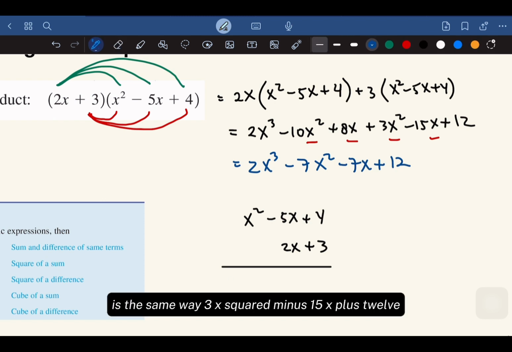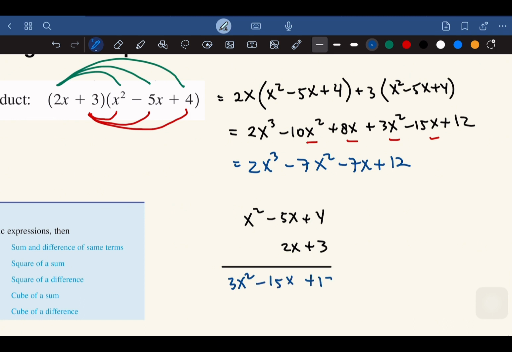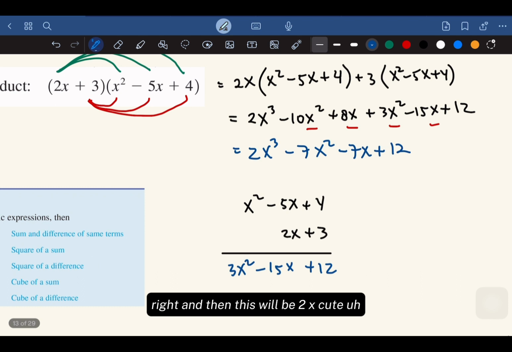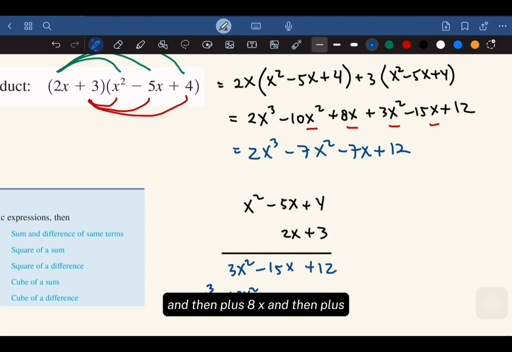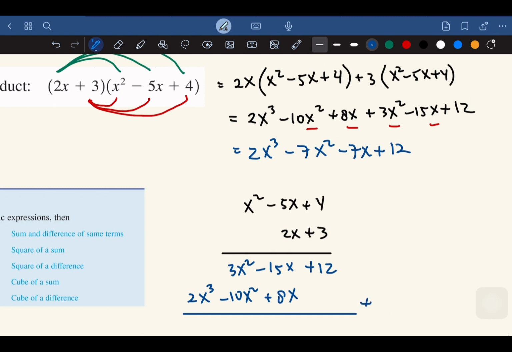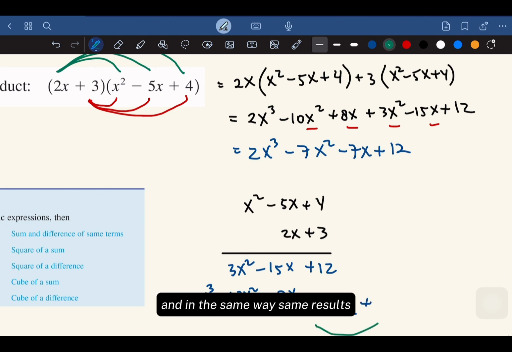It's the same way: 3x squared minus 15x plus 12, right? And then this will be 2x cubed, minus 10x squared, and then plus 8x, and then plus 12. And in the same way, same results.